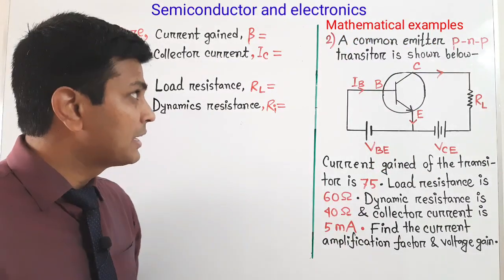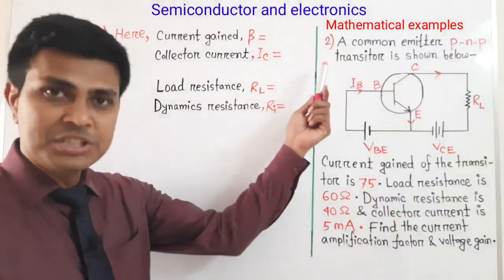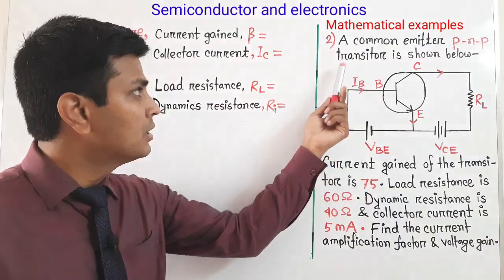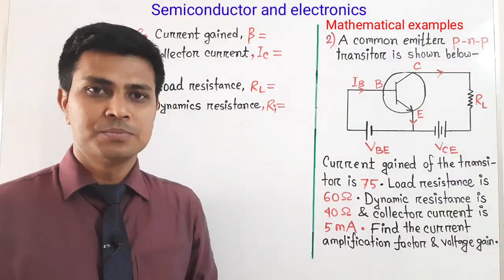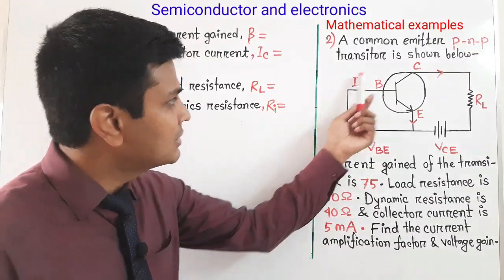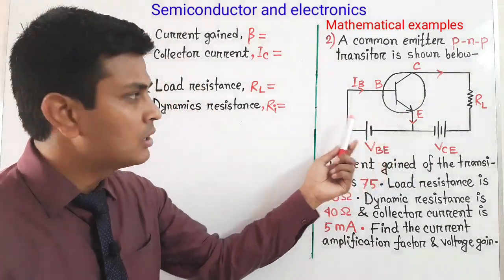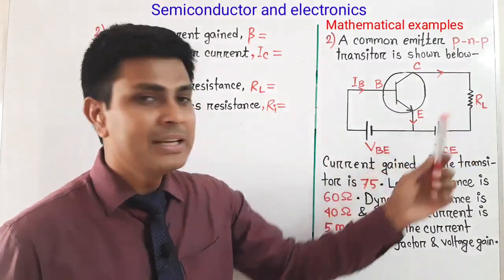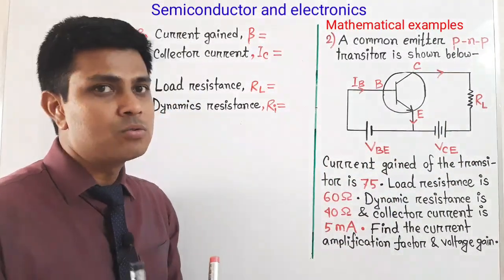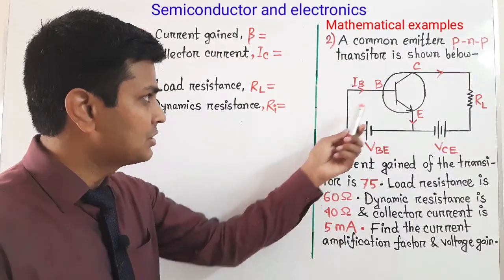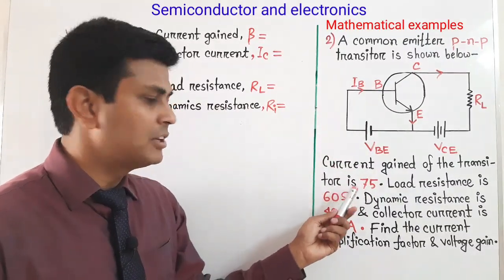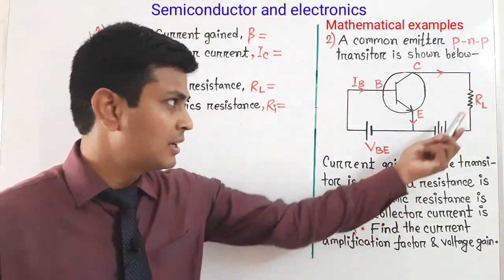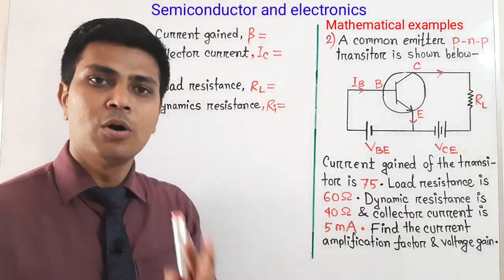Now mathematical example number 2. The question is: a common emitter PNP transistor is shown below. You can see on the board, this is the common emitter PNP transistor, where RL is the load resistance, and in that transistor the current gain is given here as 75, and the load resistance, that is RL, is given here as 60 ohm.